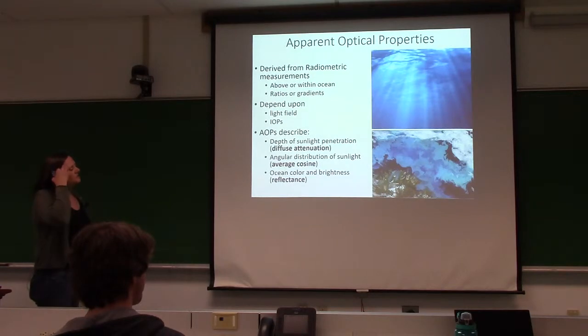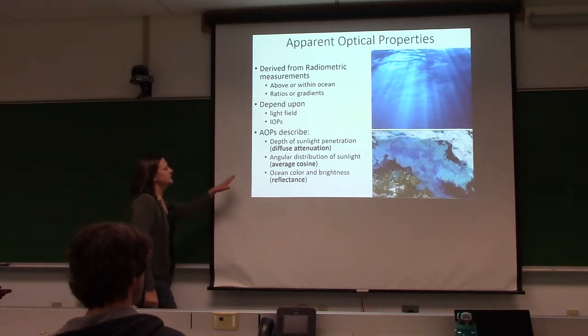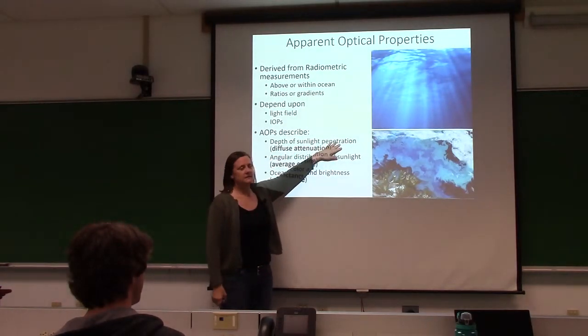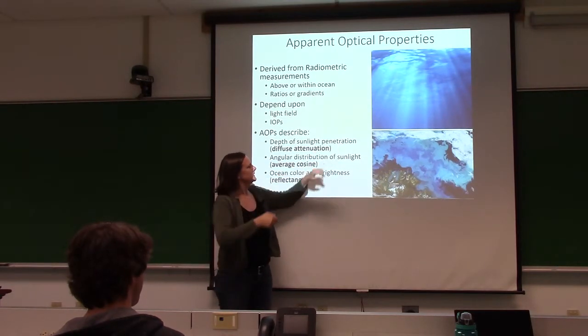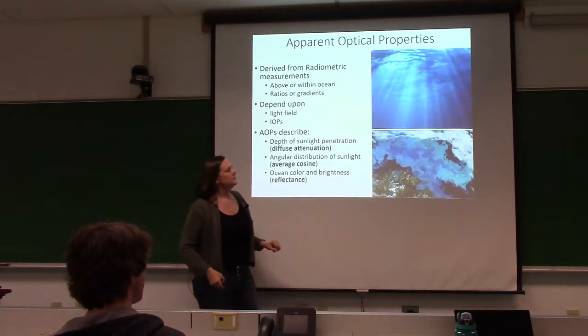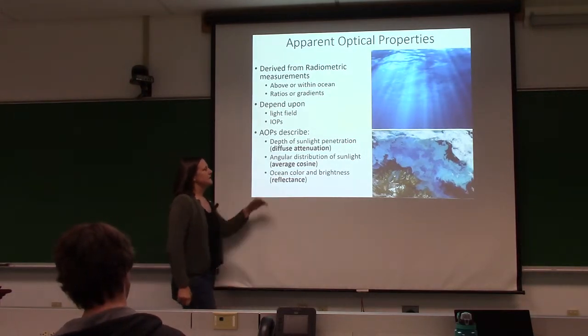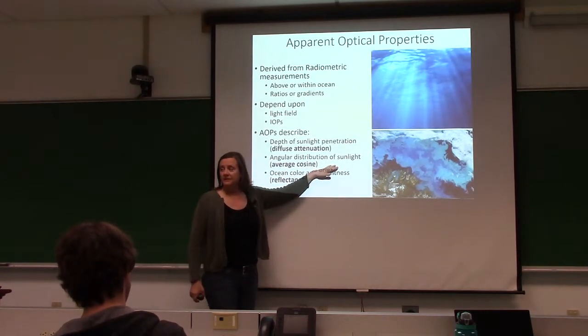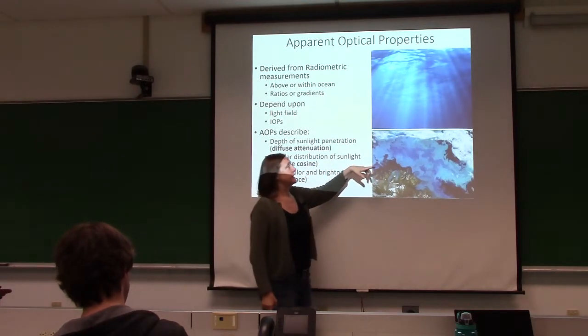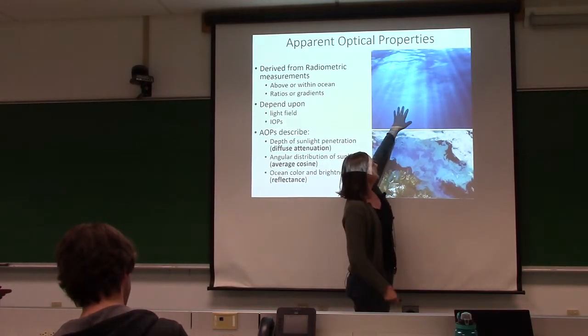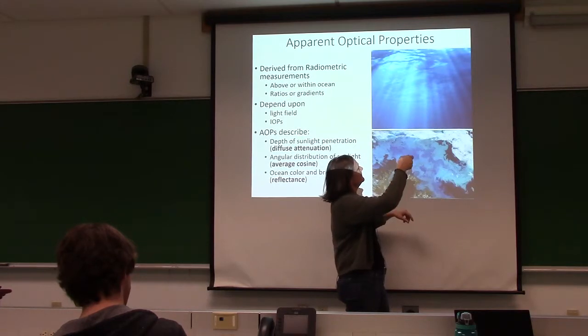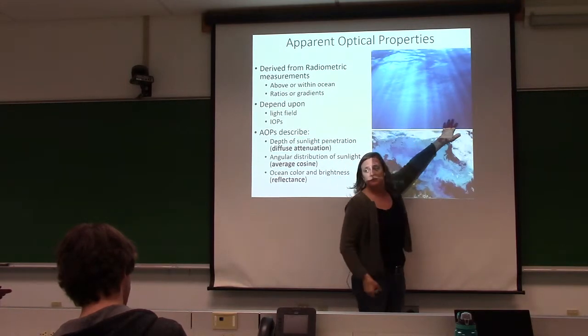So the three that you'll learn about, and Kurt mentioned these, you'll learn about how sunlight penetrates, hence this diagram. We use something called the diffuse attenuation coefficient to describe how light is attenuated with depth. We can look at the angular distribution of light, which we talked a little bit about earlier in the atmosphere. You can see these beams of the sun, but as you get deeper and deeper, the light gets more diffuse.